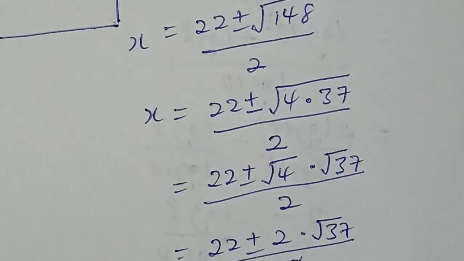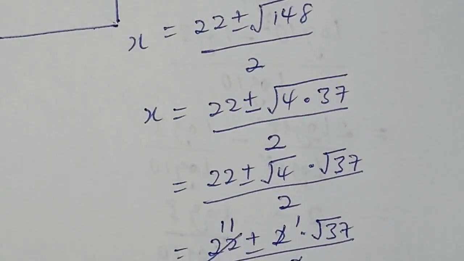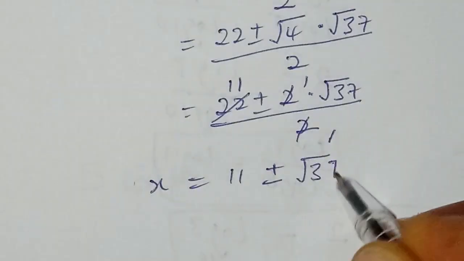This will give us 1, this 11, and that is x equal to 11 plus or minus square root of 37.